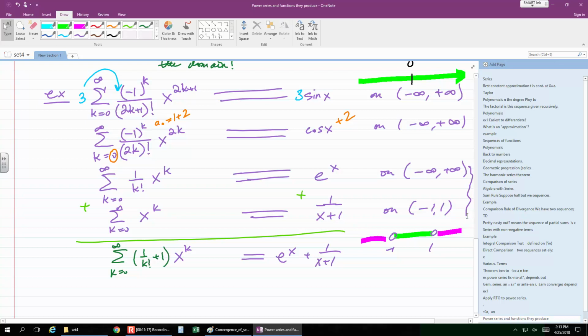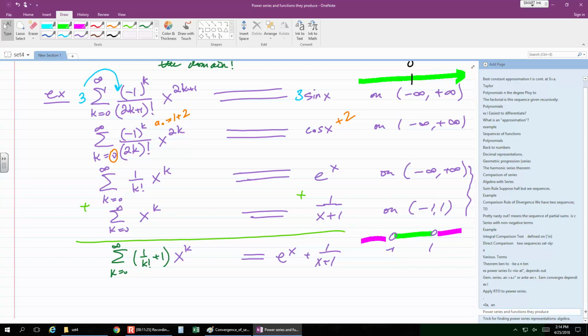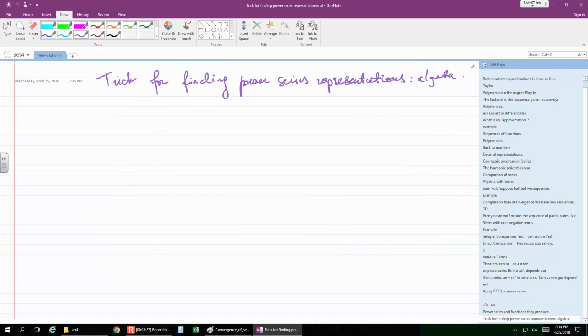What else? Let me multiply by x. Let me skip over to the next line and look at my exponential function again: the sum of 1 over k factorial times x to the k.